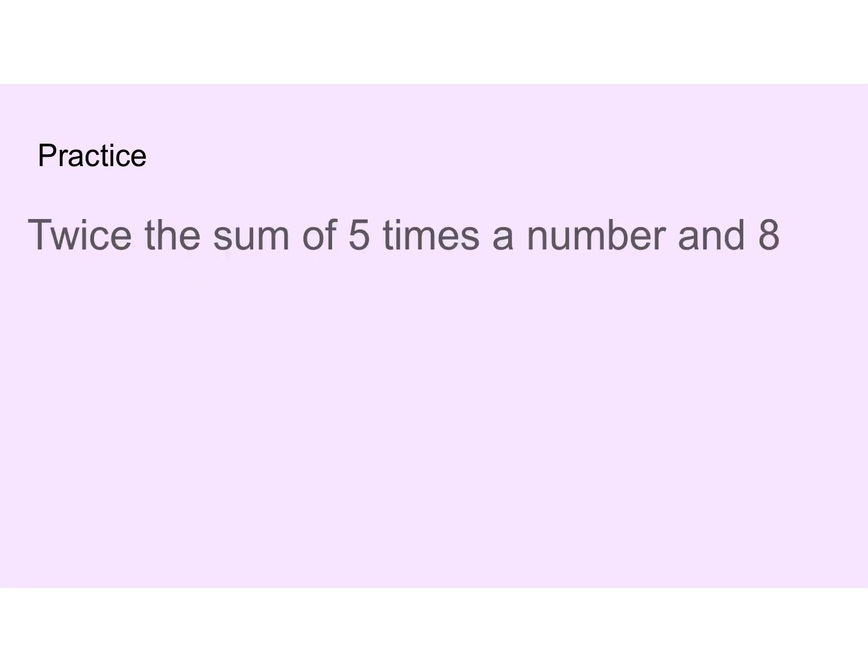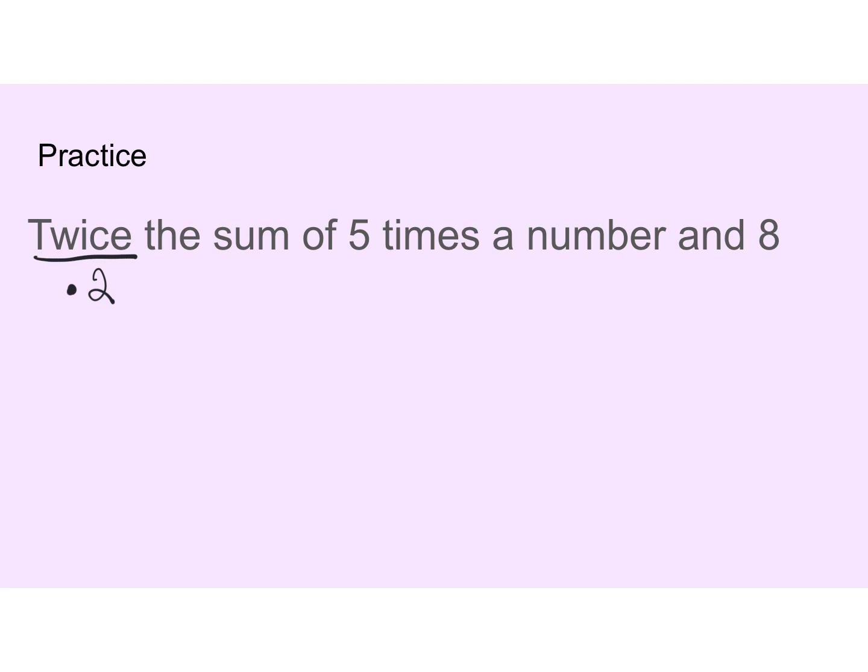Now this one is probably the most challenging of them all. There's a lot going on in this problem. Twice the sum of 5 times a number and 8. Now you're going to have to use parentheses with this one. Twice means times 2. Sum means the answer to an addition problem.